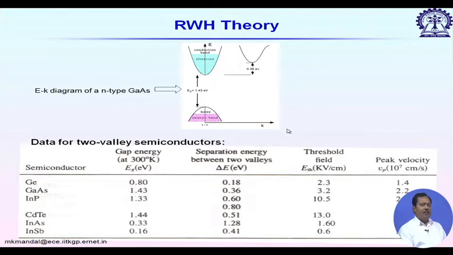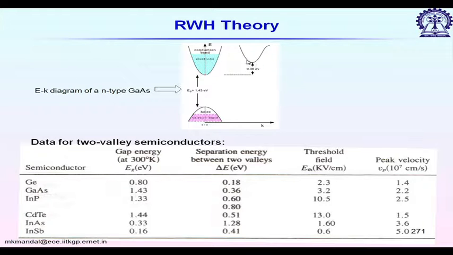Now, why does it happen? This picture shows the E-k diagram for N type gallium arsenide. This bottom part shows the valence band, and this top one shows the conduction band. In addition to this primary conduction band, we have one more valley.